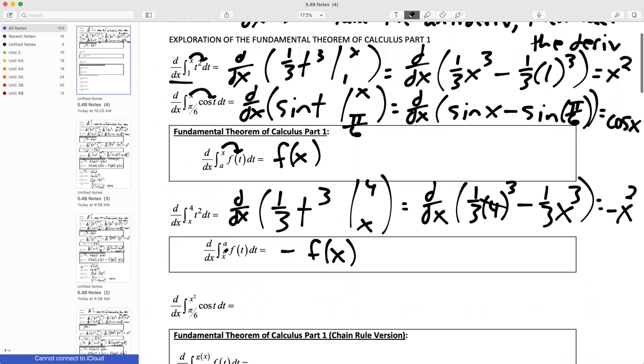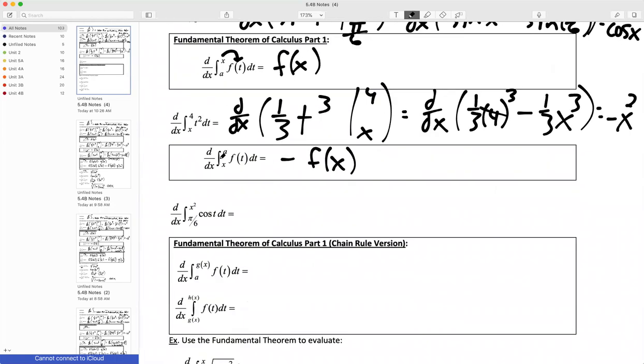Notice that up until now, it's always been an x that we were plugging in. What if it's x squared? How will that change it? Well, let me plug x squared in. Let's work it out and see. Okay, so here we go.